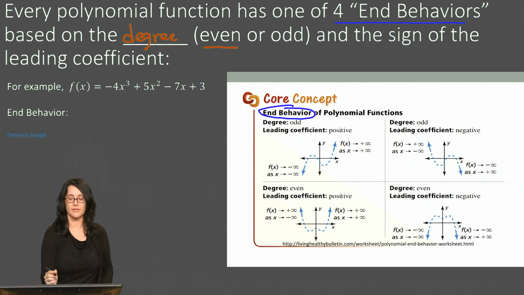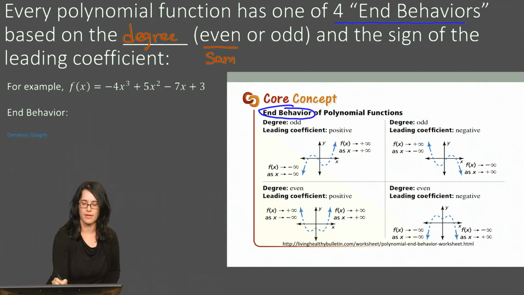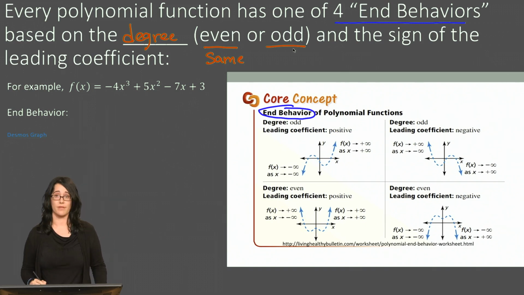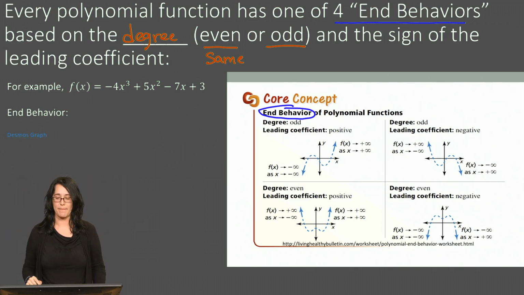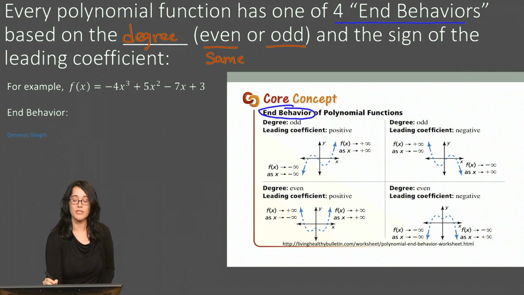On the other hand, if our degree is odd, that would mean that at the ends, as we go to the left forever or to the right forever, our y values will go in opposite directions, either increasing from left to right or decreasing from left to right. So one of those 2 scenarios will happen. If it's an odd degree polynomial, we're going to go in different directions at the ends.